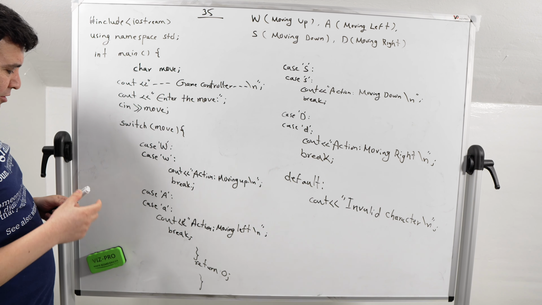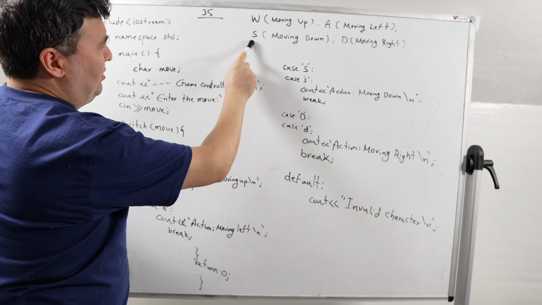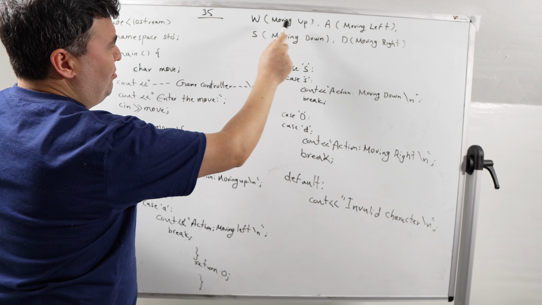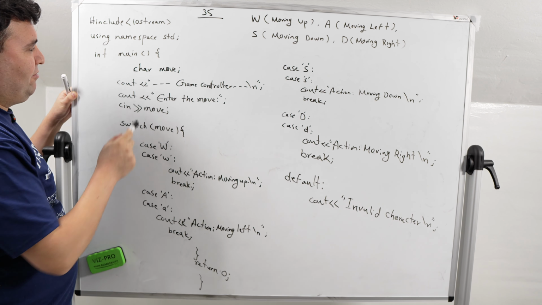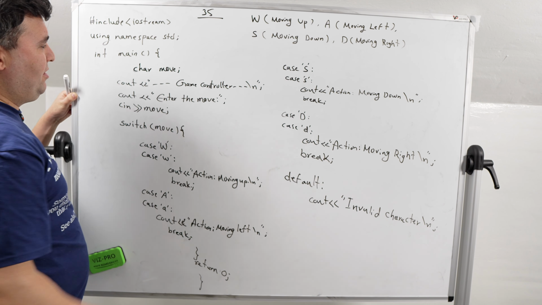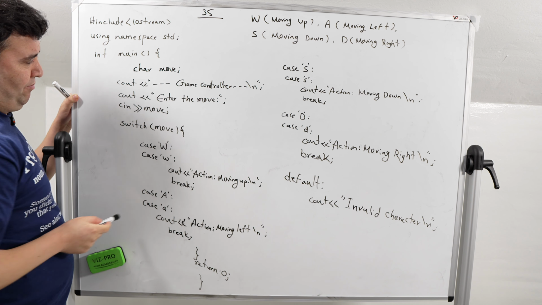So first we declare a variable called move, and the data type is character because we need to get input from the user, which is W or A or S or D. And then we cout here, game controller. And then here we cout, enter the move.